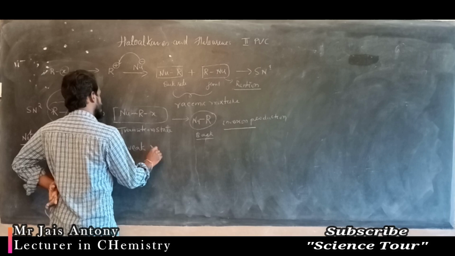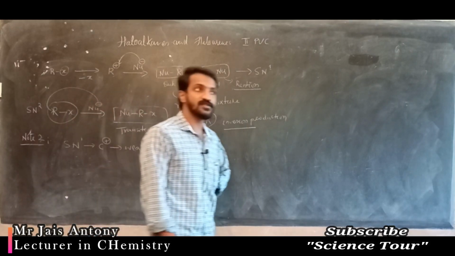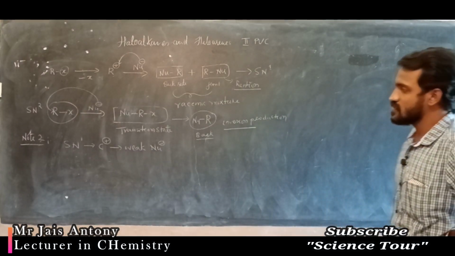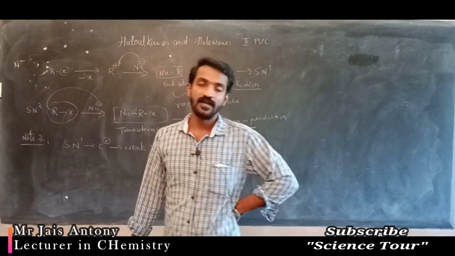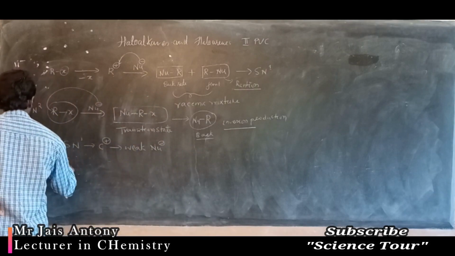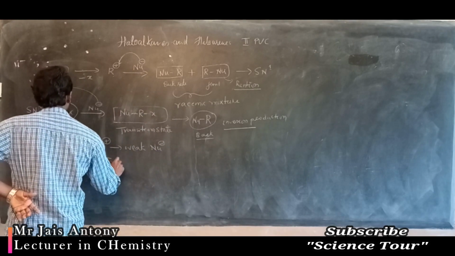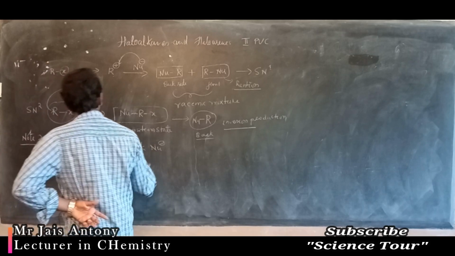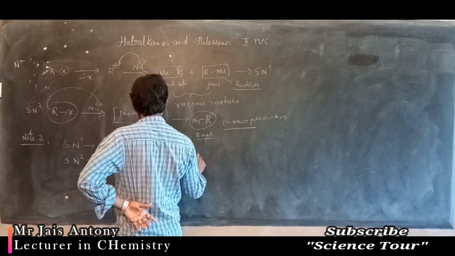A nucleophile is one that is electron rich. A compound that is electron rich is called a nucleophile. Understood? A weak nucleophile attacks this carbocation. And in the SN2 reaction, transition state formation takes place, and a strong nucleophile attacks.